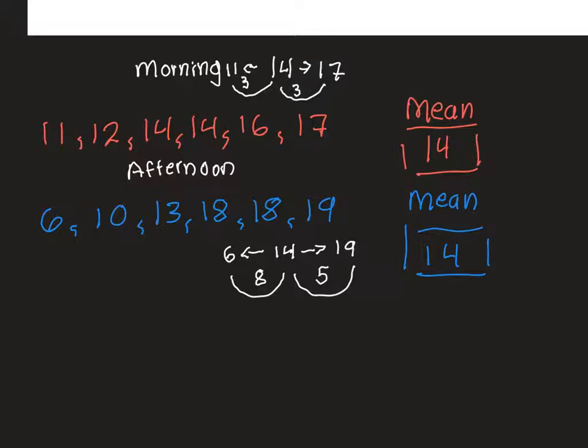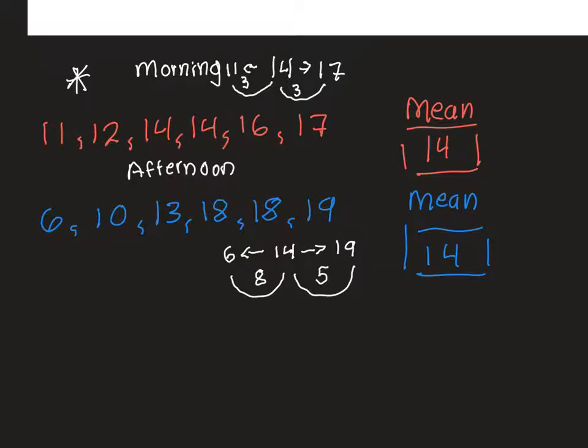When it comes to comparing two data sets with the same mean, the data set that has the least variability is the most precise and most reliable. So, which one is the most precise and most reliable? The data set for the morning, because it has the least amount of variability.